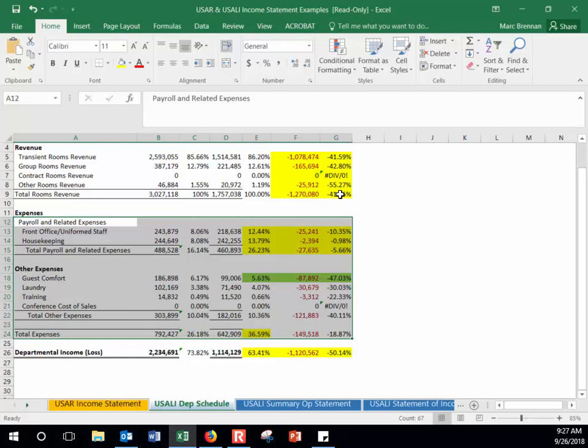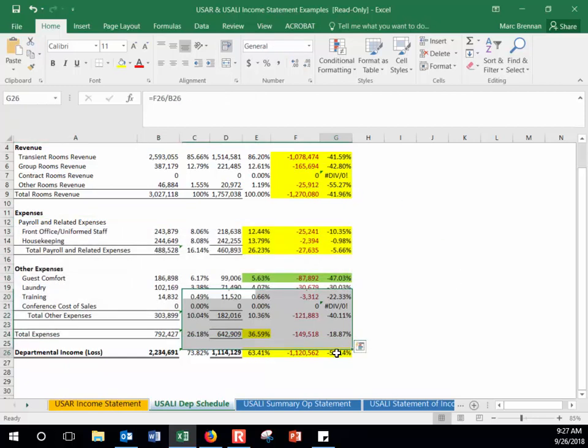So if we only had a 42% decrease in revenue, we should only expect about a 42% decrease in our bottom line, our departmental income. We had more of a decrease, sorry. So this number should be lower. We should have less of a decrease, which would make this less of a number, and we would have lost less money than we actually did.